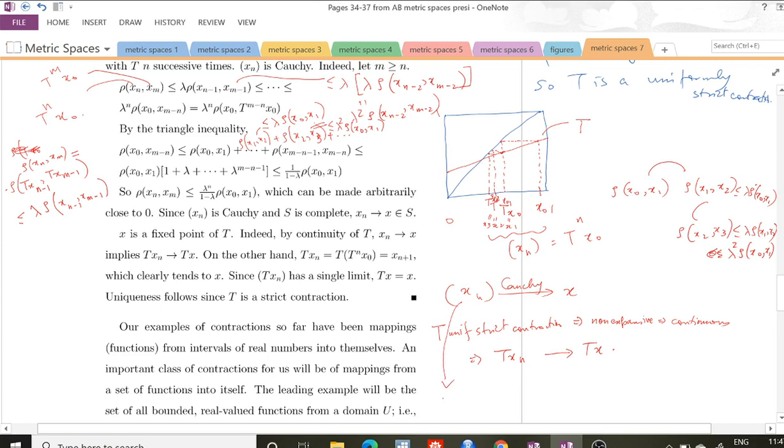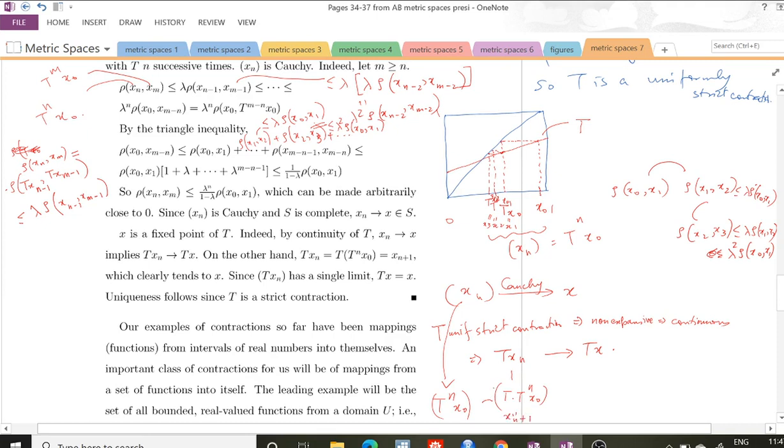So what is xn for every n? It's just n applications of T to x naught. What is Txn? It's just T times T^n x naught. It lies on the same sequence as xn. It's the next point, it's my x_{n+1}.